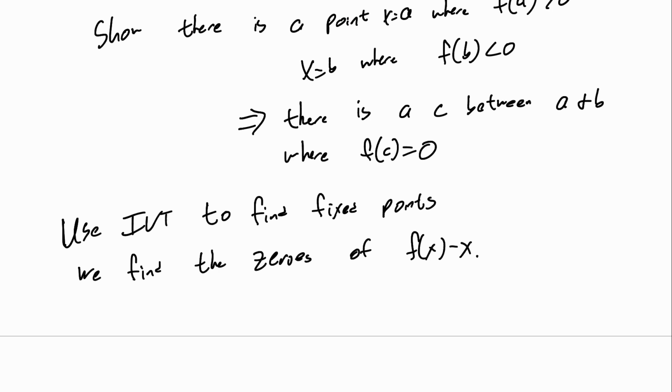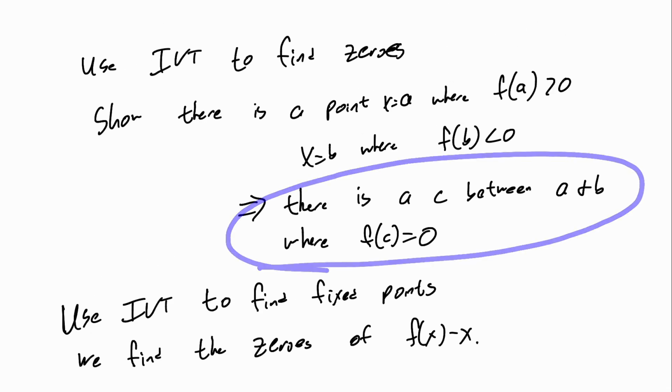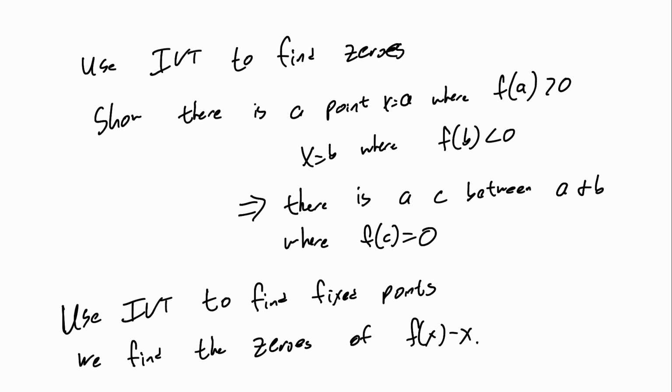Okay? And when I say find the zeros, we don't actually find the point itself, but we just show that there exists a point, right? In this example here, we can show that there is a c where f of c equals 0, but we don't necessarily know what the c is, right?